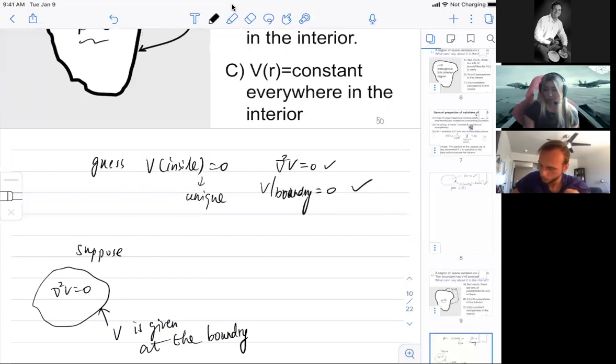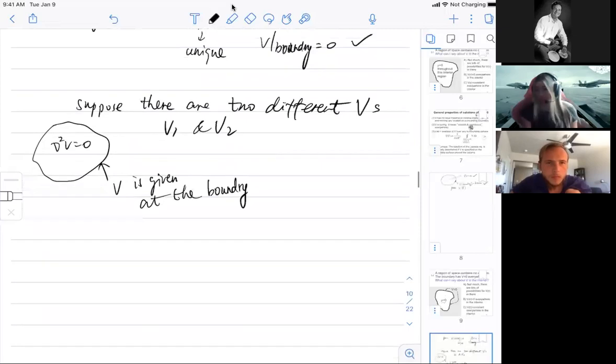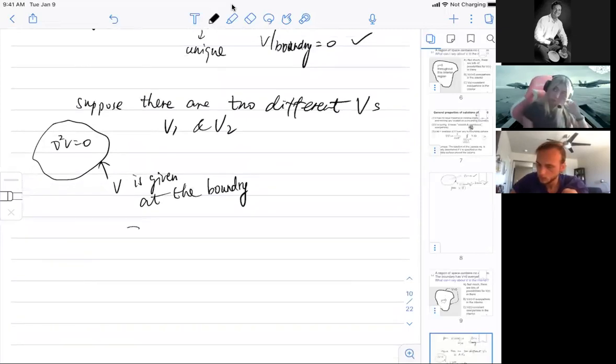Suppose we have 2 different possible solutions, one is V1 and one is V2, and they're not the same, but they both satisfy the Laplace equation, which means the Laplacian of V1 is 0, the Laplacian of V2 is 0. They're solutions, so they must satisfy this equation. And they both satisfy your boundary conditions.